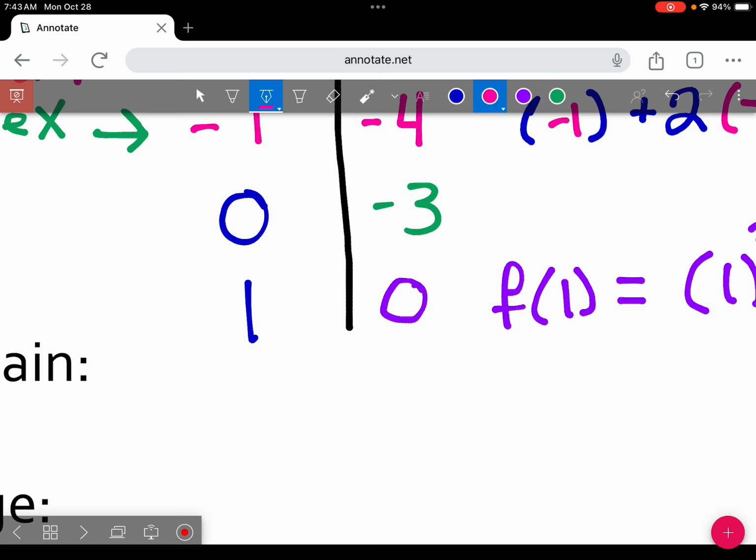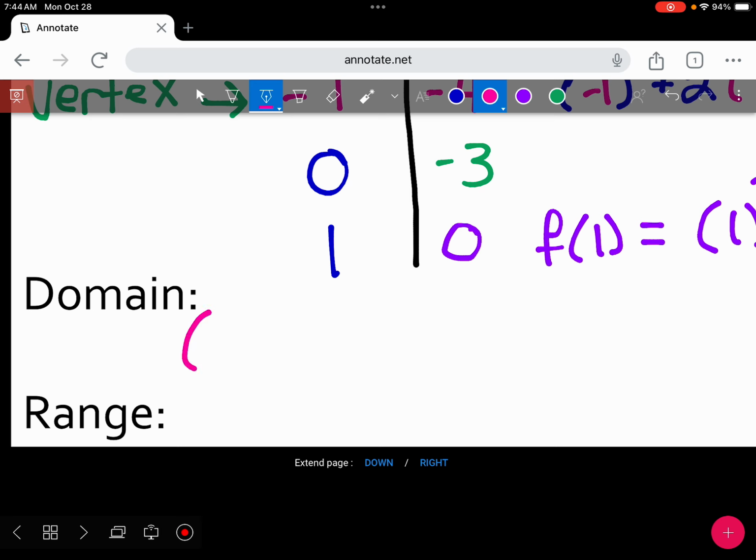Negative infinity. It doesn't stop going left. It's going up real fast, but it's still going to the left. And so what's the biggest it can be? Positive infinity. So our domain goes from negative infinity to positive infinity. I could use all real numbers, whatever number I wanted to do.